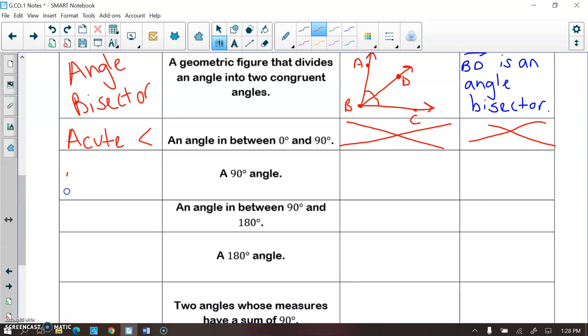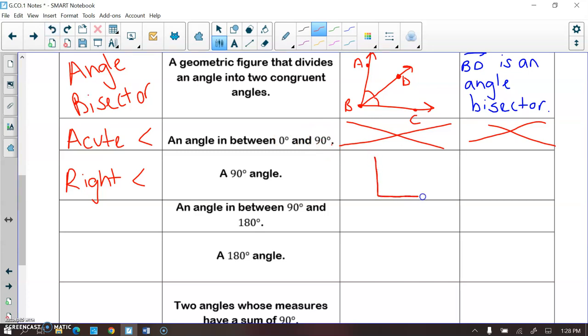As for an acute angle, there's no way to really show that it's in between 0 and 90 degrees. An acute angle cannot be 0 degrees because that's not an angle. An acute angle cannot be 90 degrees because that's a right angle.